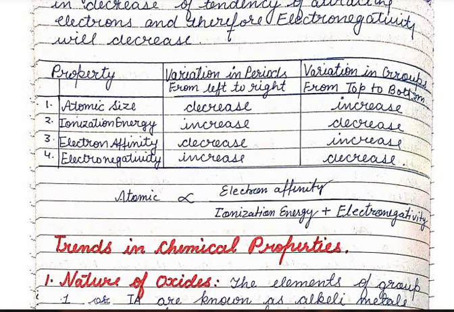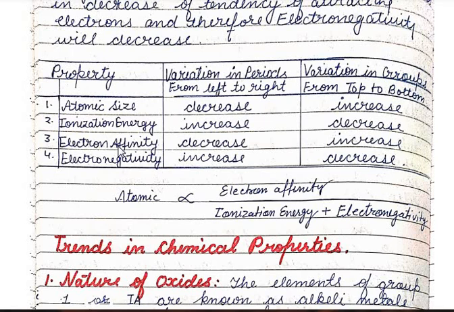Now we can simplify property variation in period from left to right, variation in group from top to bottom. Atomic size in a period from left to right will decrease while atomic size in a group from top to bottom will increase. In the same way, ionization energy in a period from left to right will increase and in a group from top to bottom it will decrease.